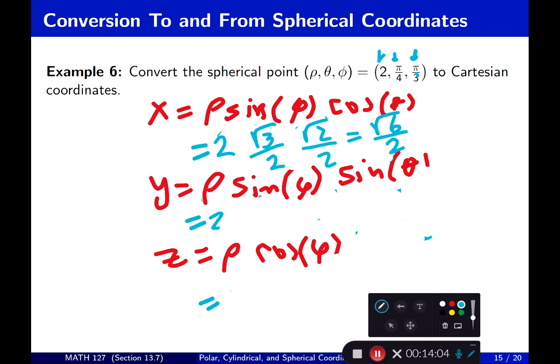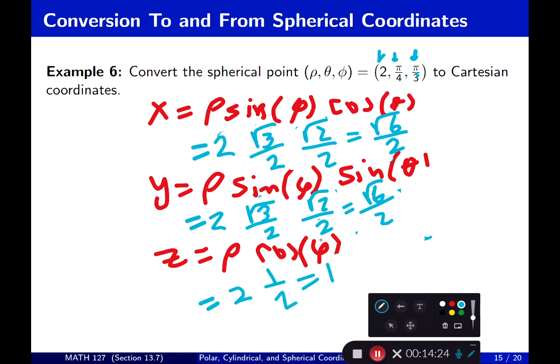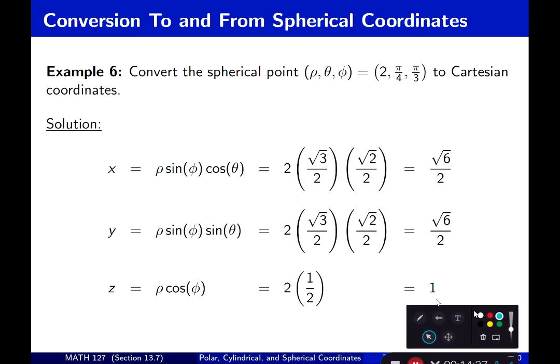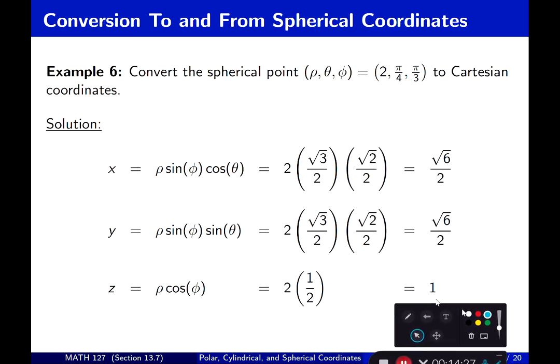And then here again 2, square root of 3 over 2, and square root of 2 over 2, and again square root of 6 divided by 2, and here 2 cosine of phi, cosine of pi third is 1/2, and you end up with 1. And so this is how you convert from spherical coordinates into Cartesian.